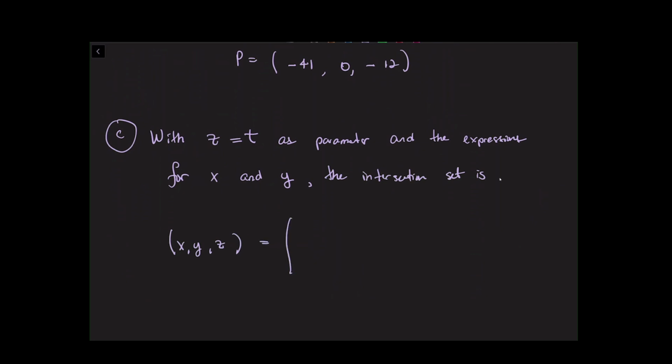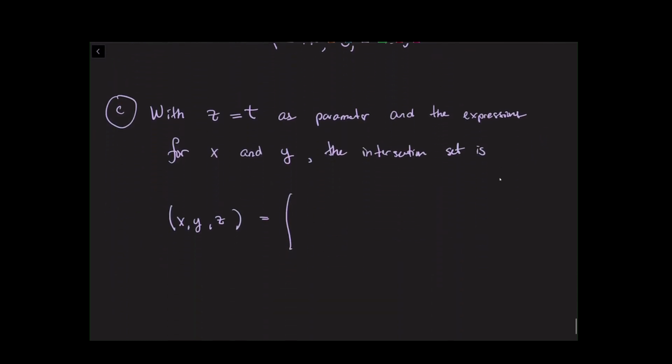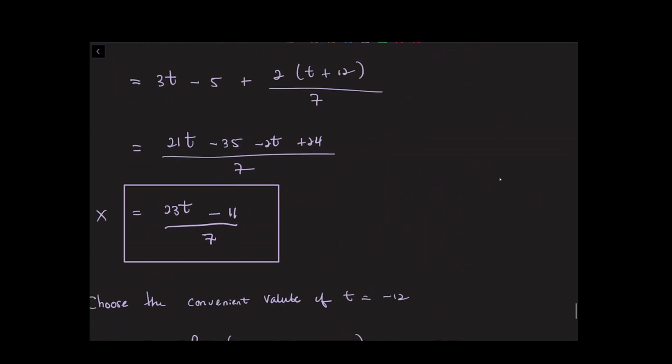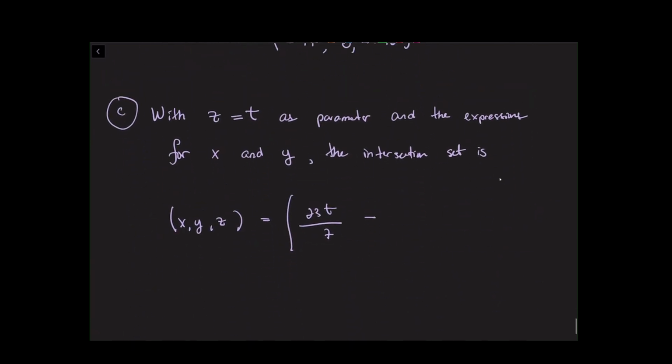So from my x, I have 23t upon 7 minus 11 upon 7, comma, negative t upon 7 minus 12 upon 7, and z is equal to t.